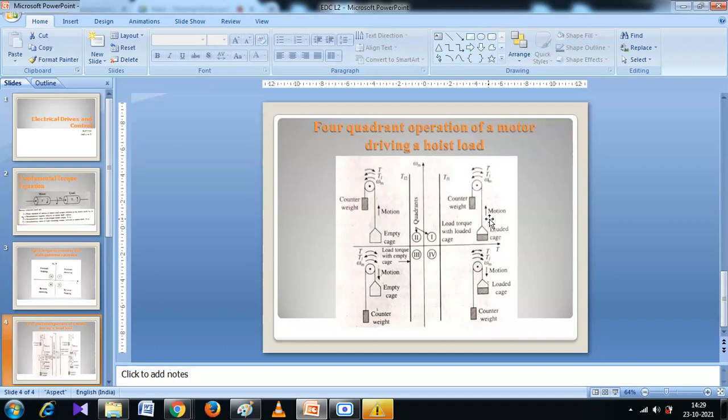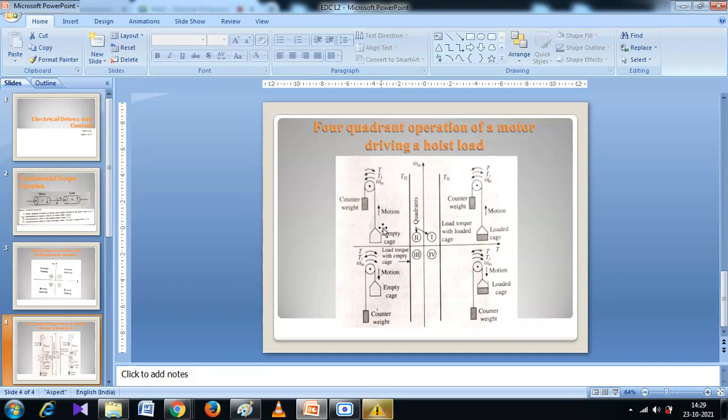Now we move to the second quadrant operation. Suppose we have an empty cage and the shaft is rotating freely, what will happen? We have an empty cage and we can rotate this shaft freely.